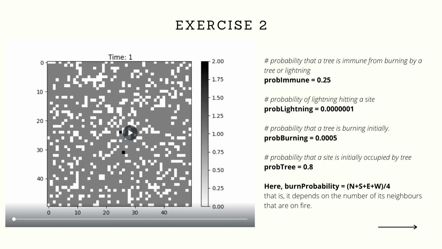Now, in this case, a tree will burn with probability 0.75 only if three of its neighbors are burning, and thus the probability of a tree to burn decreases with respect to all the previous cases, and hence after a short duration we reach the equilibrium, and the spread of fire stops.